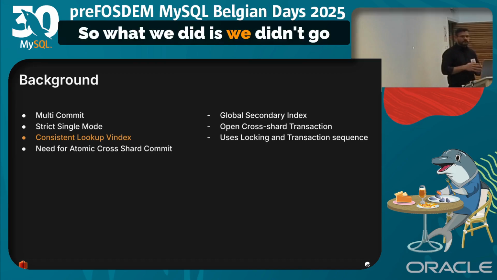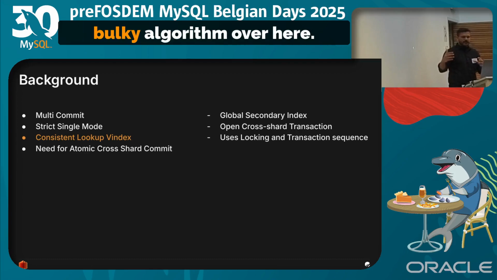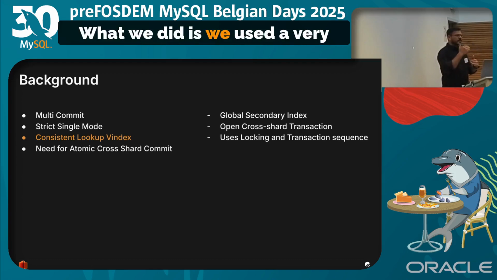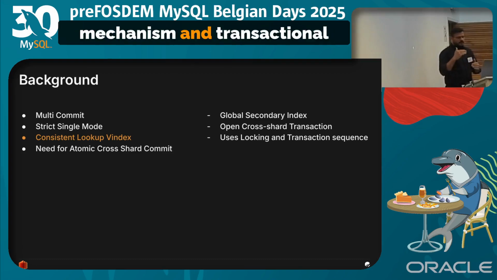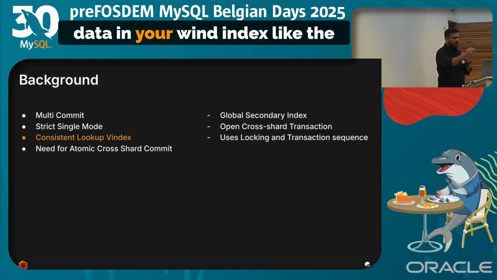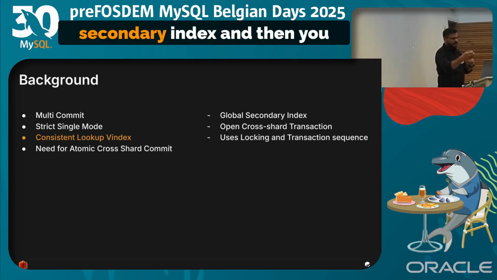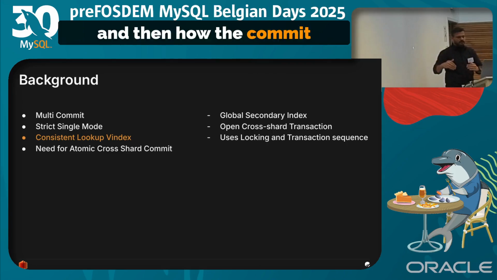So what we did is we didn't implement a very bulky algorithm over here. We used a careful locking mechanism and a sequence of transactions: you first insert data in your secondary index, then you insert data in your main table, and then the commit flow works.